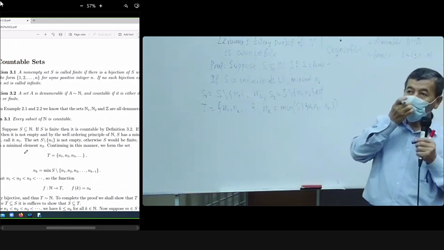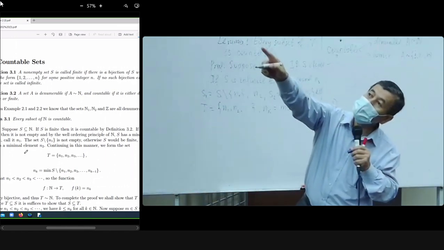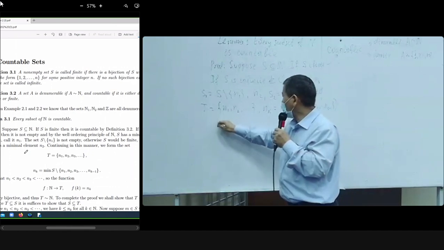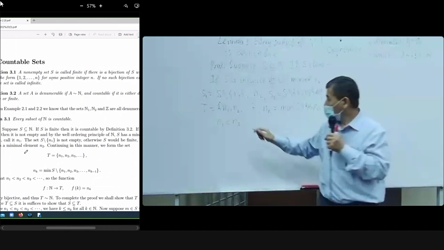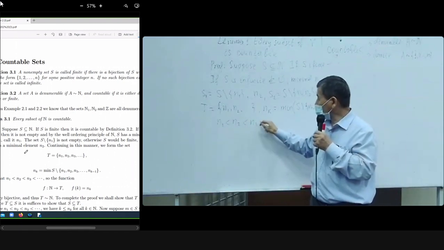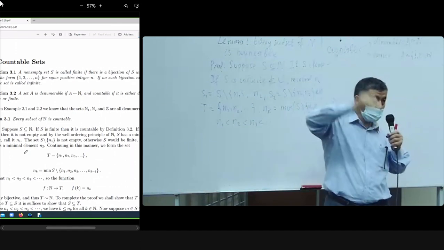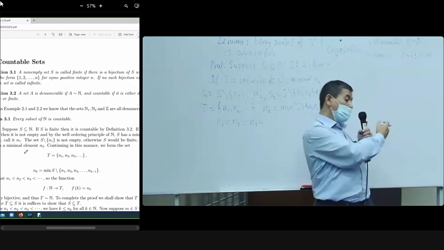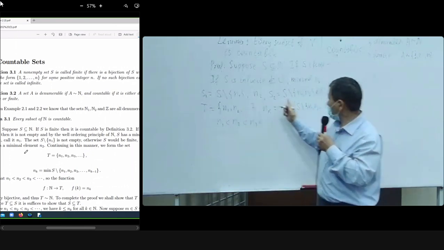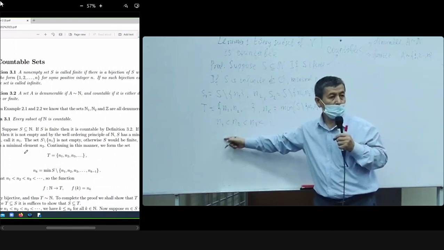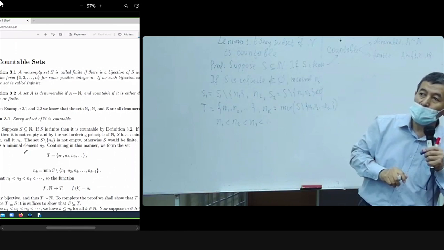Now we note that because of the well-ordering principle of N, n1 should be less than n2, n2 should be less than n3. It is also correct because n1 is the first element from S, the minimum element. After taking out n1, n2 is the minimum element of the remaining set, so it is greater than n1. So it is well ordered.